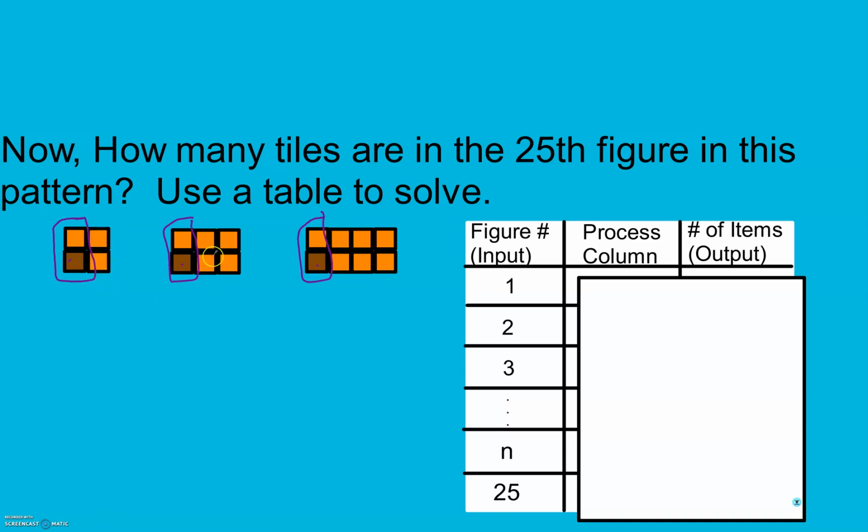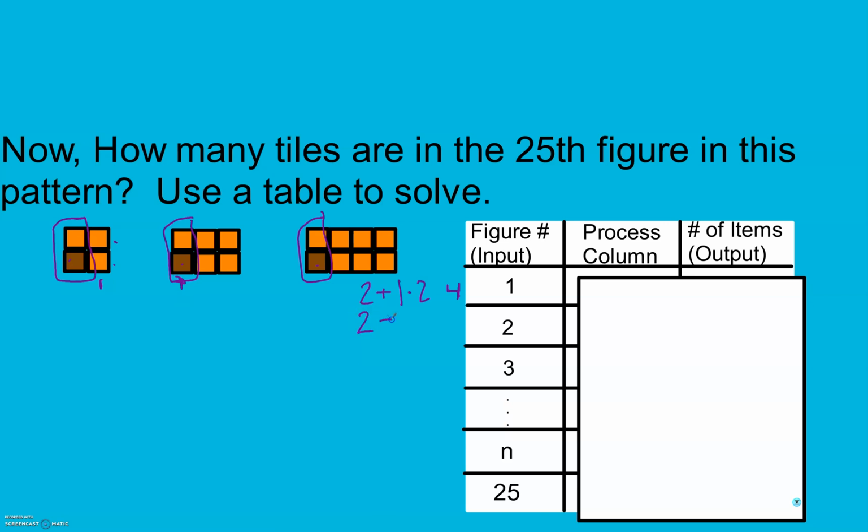But the number of columns of just the orange ones does. So in our process column, we have 2 that stay the same every time, plus in our first figure we have 1 column of 2 oranges. So 2 plus 2 is 4, and that matches how many we have here. If we look at our second one, again, our constants never change.